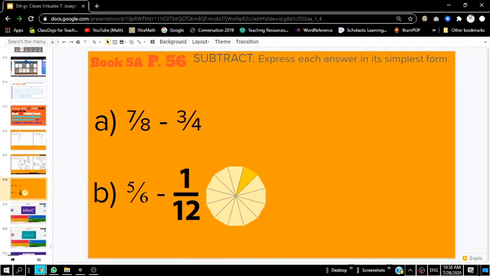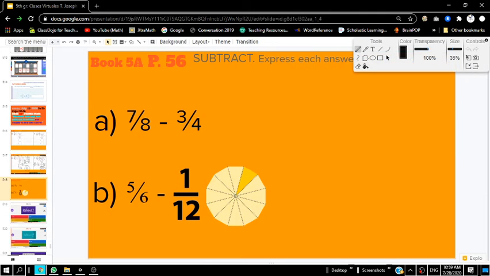If we have 7/8 and 3/4, we need to come up with the same denominator. Now I know that 8 and 4 are not the same. So what do we need to do to get them as the same? Well, we can multiply 4 times 2 to get to 8, or we can divide 8 by 2 to get to 4.